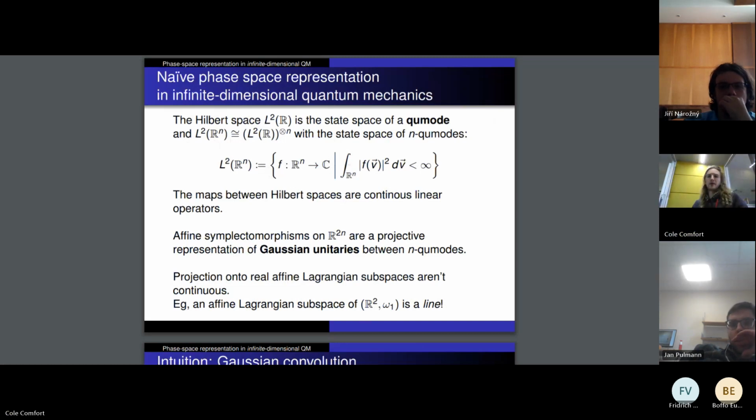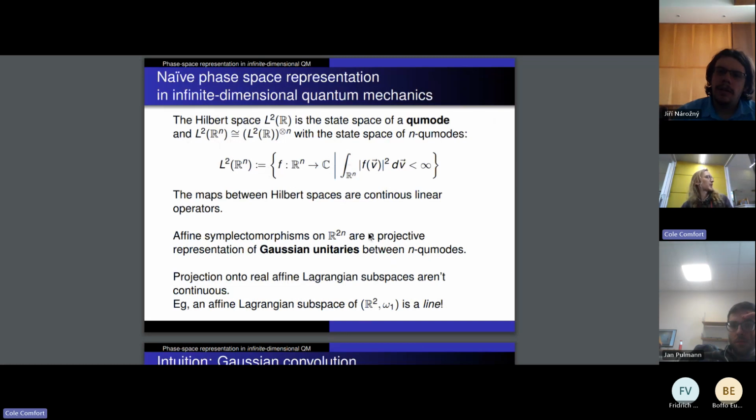But indeed, this intuition is correct, but not completely, because if you look at the affine symplectomorphisms over the real numbers, at least in finite dimensions, this group is projectively represented by what are called the Gaussian unitaries between Q modes. But the problem is the states.